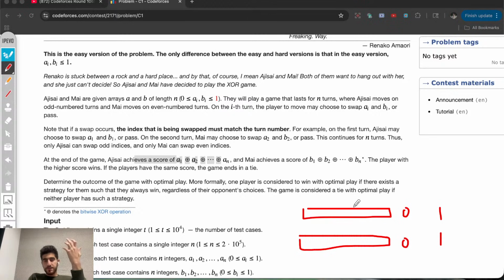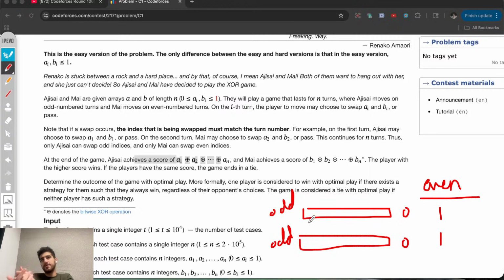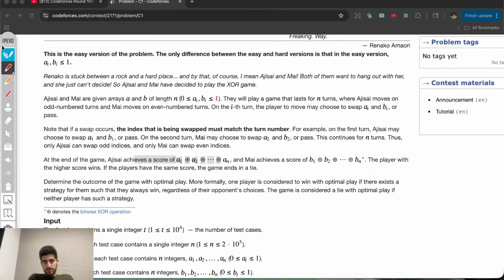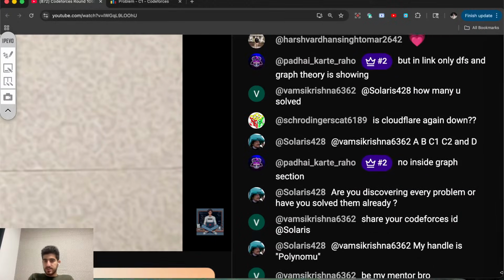So if in total we have an even number of ones, then either both of them get an odd number of ones or both of them get an even number of ones. So at the end, their final score will be the same. So if we have an even number of ones, definitely the game is going to be a tie. Otherwise, if we have an odd number of ones, definitely the game will not be a tie. Someone will win. Is it clear so far?